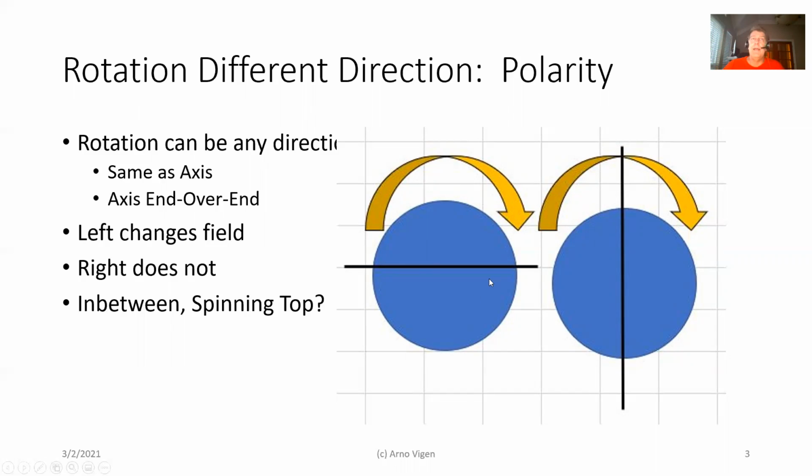Or there's some combination in between that sort of looks like a spinning top, where it's rotating this way, but the axis is moving also. So in part, something so simple as one axis can become complex because of time, rotation, and physical movement. You're going to have to take all three of those into account as you learn advanced subatomic physics.